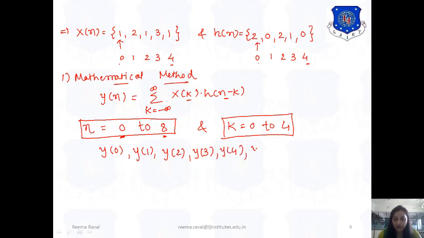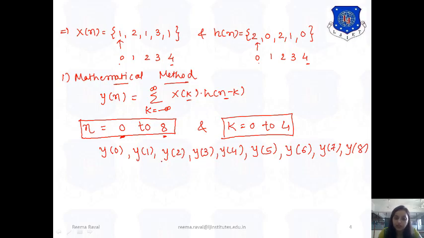So we have to find y of 0, y of 1, y of 2, y of 3, y of 4, y of 5, y of 6, y of 7 and y of 8 likewise. Okay, so as the length of the given data sequence increases, it will become a lengthy process to solve it using mathematical method, right?